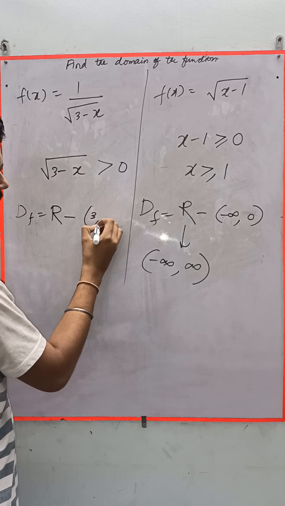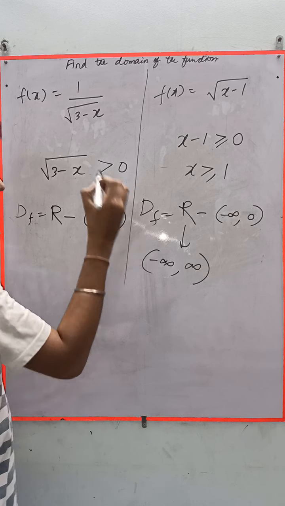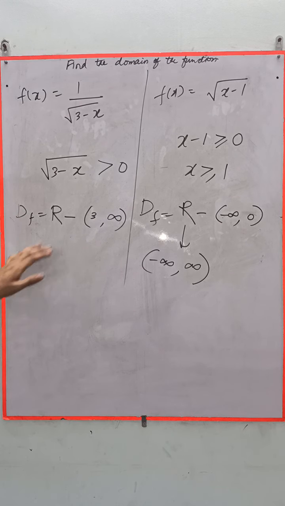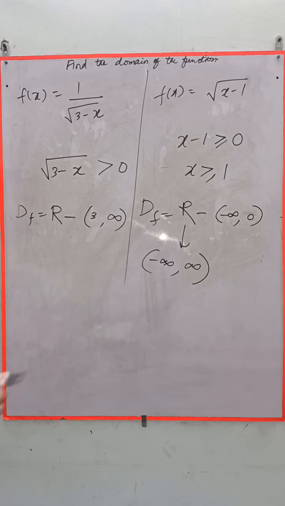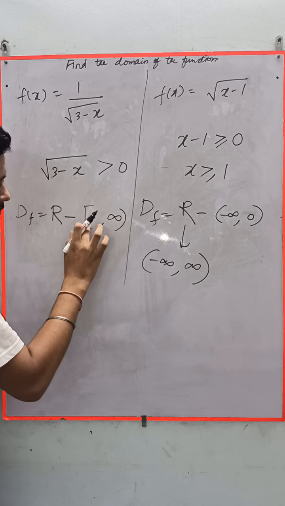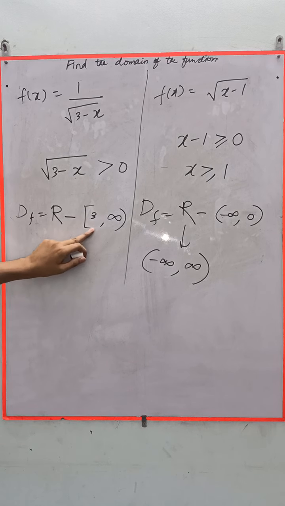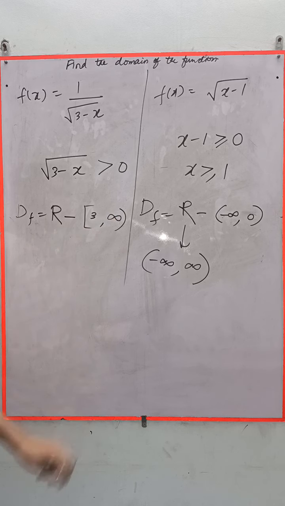So from 3 to the positive infinite. So the whole real number, but 3 to infinite it should not take. You can use this bracket also. This bracket is more correct here. Okay, so the closed bracket 3 infinite.